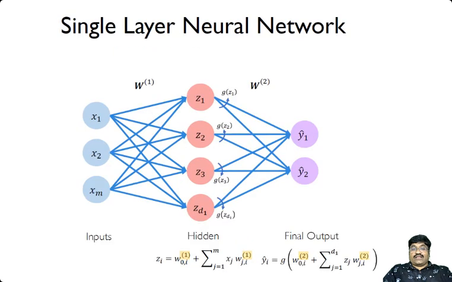So now let's take a look at the single layer neural network. This is taking it one step beyond what we have just seen. This is where we have now a single hidden layer that feeds into a single output layer. And I am calling this a hidden layer because unlike our inputs and our outputs, these states of the hidden layers are not directly enforced or they are not directly observable.